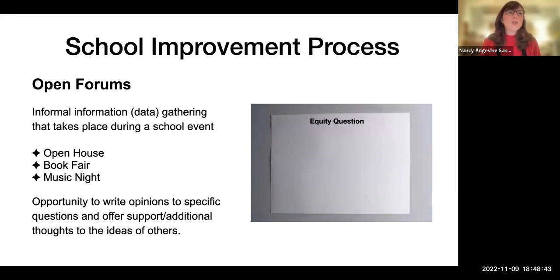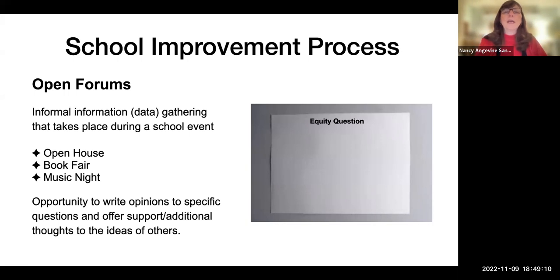What do we need to know about your culture, your beliefs, your ways of knowing and being that would help us to better support equity with our school population? Questions like that. And then providing pens or felt pens so that the parents can just jot down a couple of suggestions that they have.